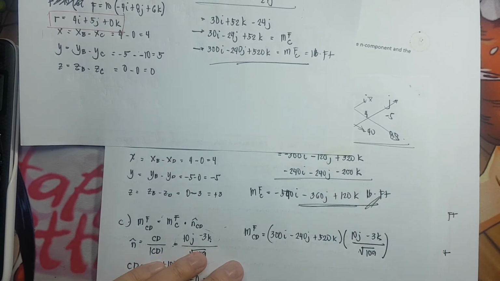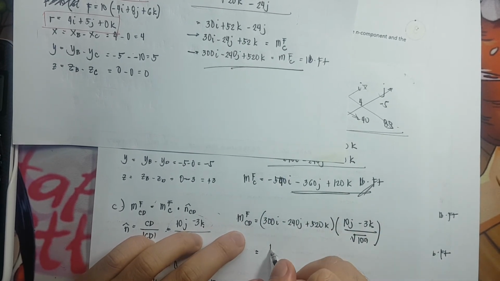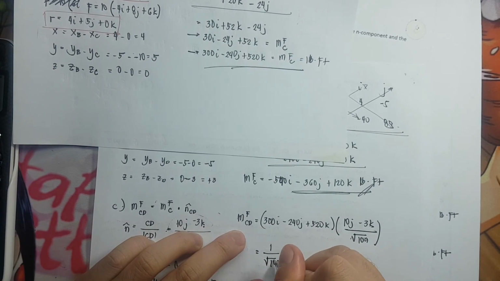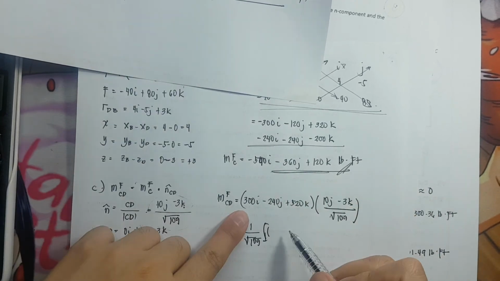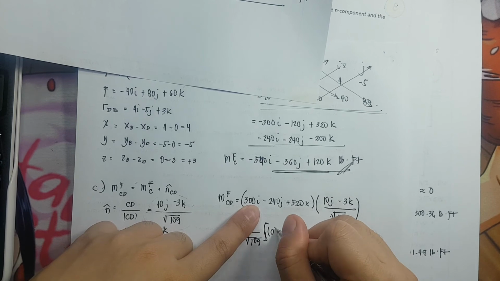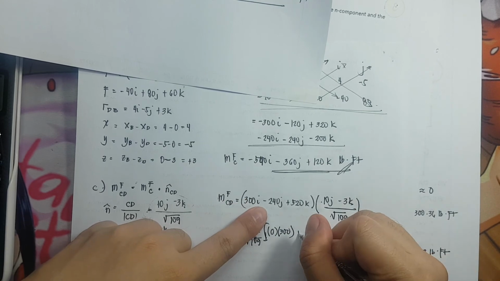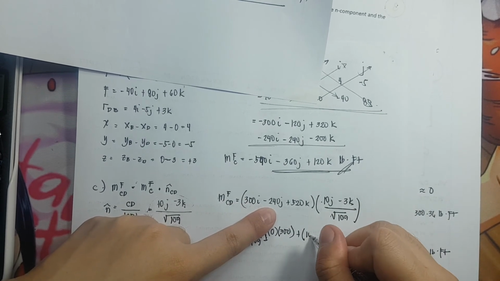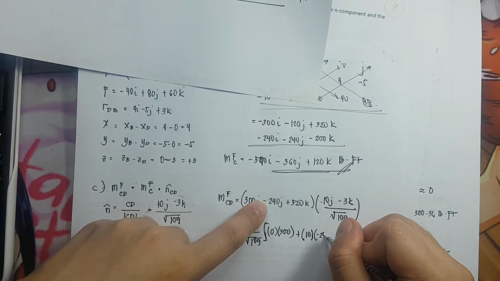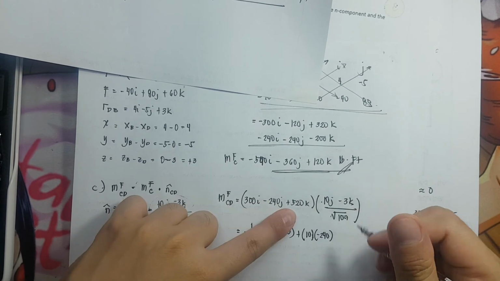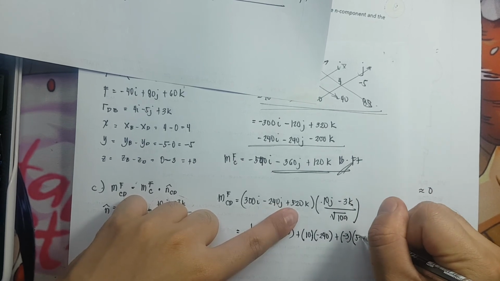Combining similar terms, we have 1 over the square root of 109 times 0 times 300i, plus 10j times negative 240, then negative 3k times 520.